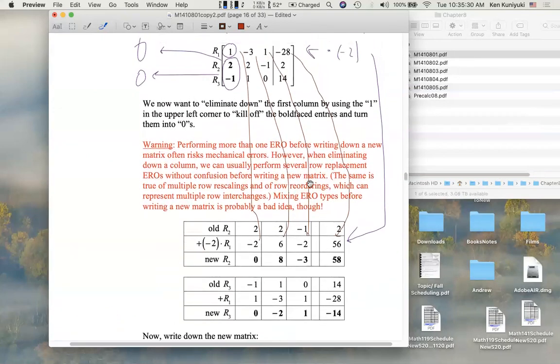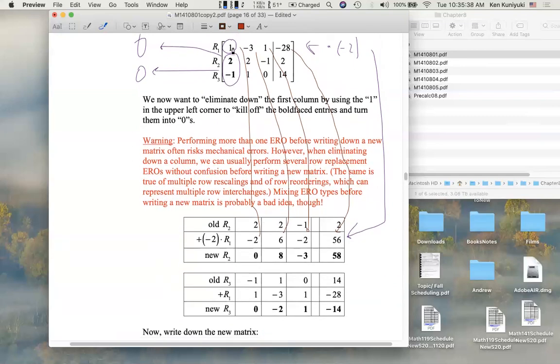Okay, so we're going to now change row 3, and we can use row 1 to do that. I hope we're using row 1 because remember we changed row 2. That might be confusing. So let's take row 1 and add it to row 3 to make this a 0 over here in the new matrix.